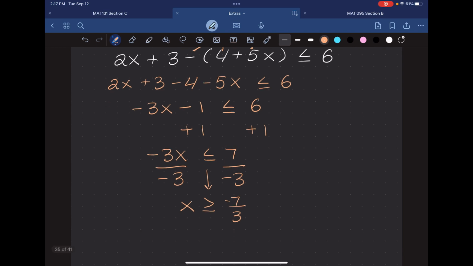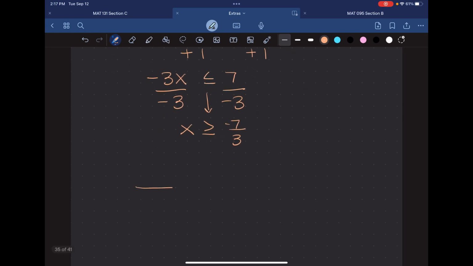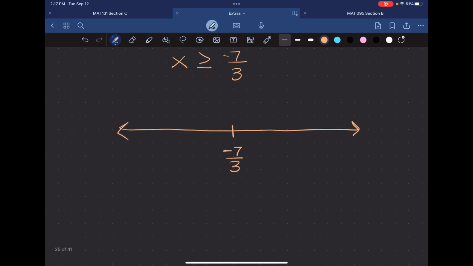If I want to graph this, I just need to place negative 7/3 on the number line. So here I've got negative 7/3. I'm going to give some context as to where it is. So negative 7/3 is just like negative 2 1/3. So this is going to be between negative 3 and negative 2.